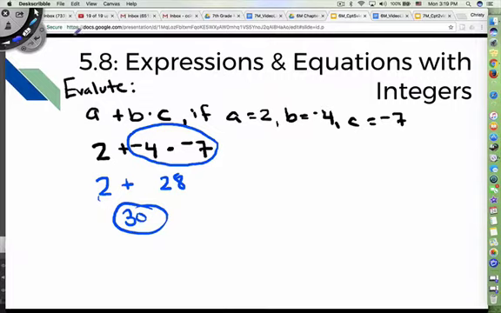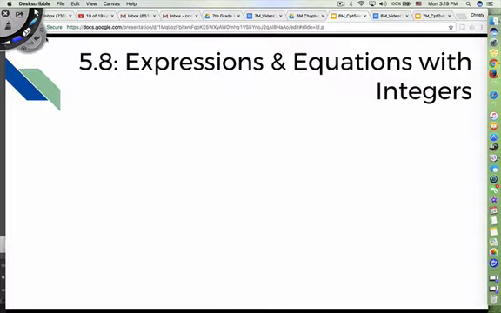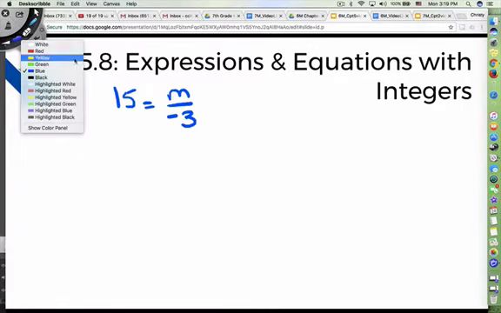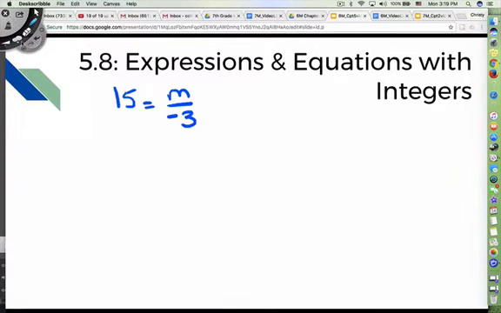Let's try a different question. Let's try 15 is equal to m over a negative 3. Again, we have to isolate the variable. First step, we're going to multiply both sides times a negative 3 to get rid of that negative 3 on the bottom.